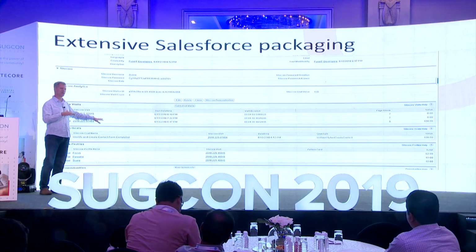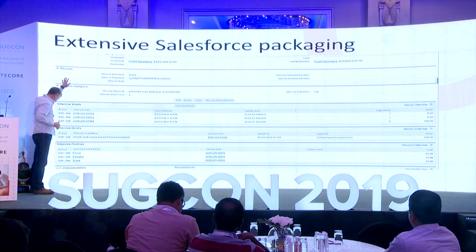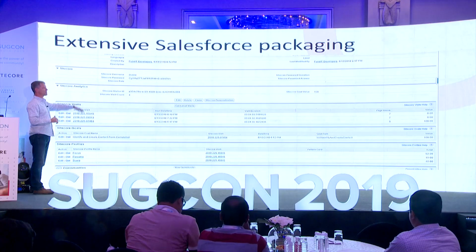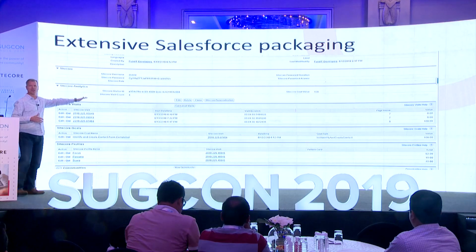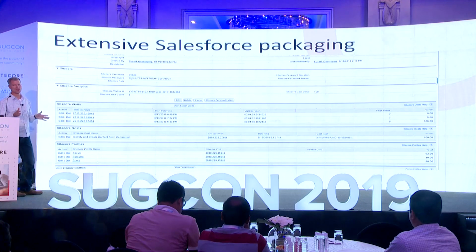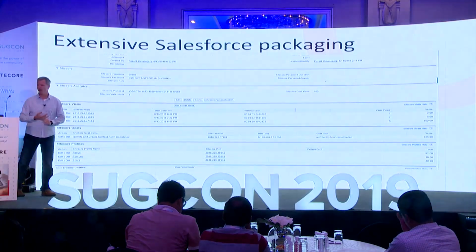We have another package that you install on the Salesforce side that puts all of this stuff here. This is a Salesforce page. Well, you can see how much there is here about Sitecore. Well, Salesforce doesn't know anything about Sitecore. The only reason that this is there is because we have put all of this into Salesforce in a package. The package consists of custom objects.